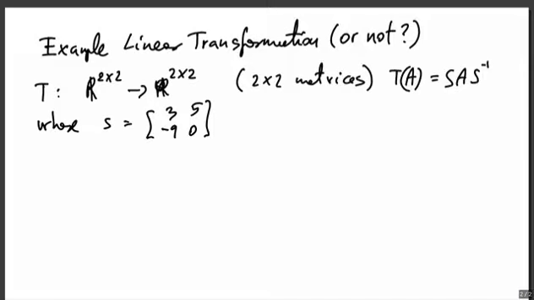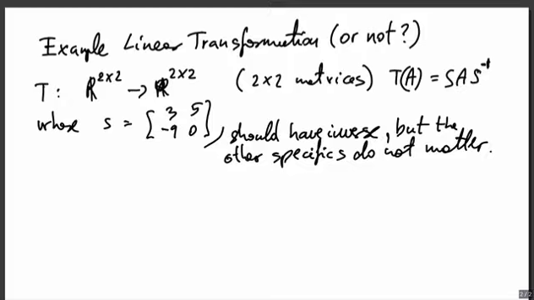In fact, this doesn't really matter. Well, it matters that the matrix S should have an inverse that you might want to check, but otherwise it doesn't matter what the specific numbers are. And in fact, even the size of the matrix doesn't really matter. So since this is given, you can consider this as a constant.